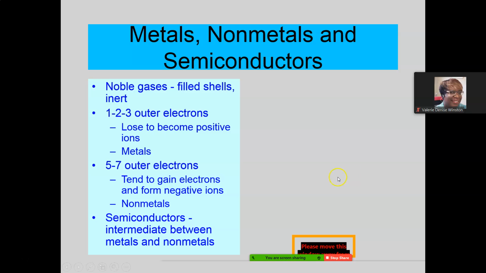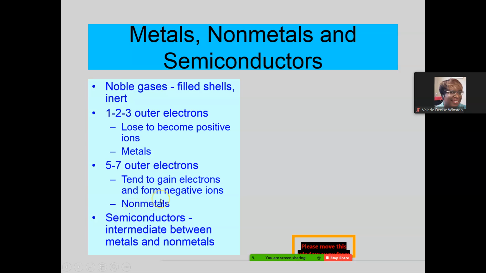Okay. Now, when you have 1, 2, and 3 outer electrons, they tend to lose those electrons fairly easily and become positive ions. These are classified as metals, even though some of them are very soft metals. When you have 5, 6, or 7 outer electrons, they tend to rip off other people's electrons, and they form negative ions.